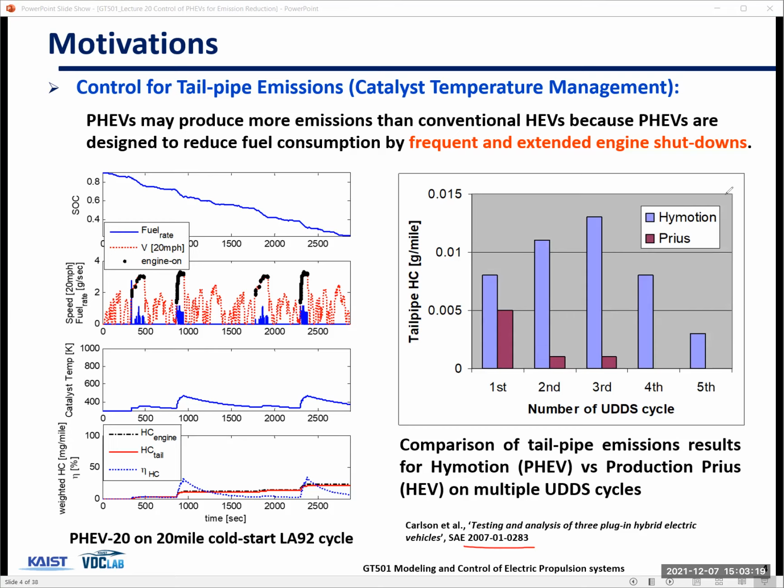And what happened was that because you have a bigger battery and can use more electricity from the battery, fuel economy will be better, right? But tailpipe emissions actually increased.